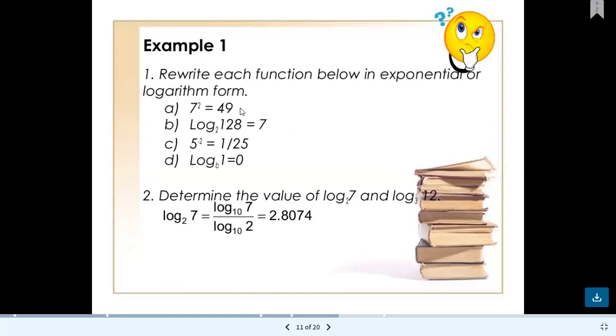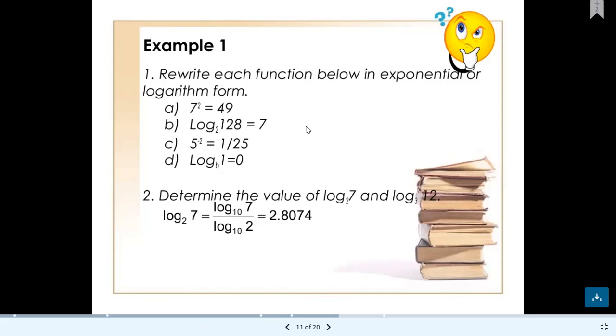Let's use logarithm form. Pag 7 raised to 2 is equal to 49, magiging log base 7 of 49 is equal to 2. Correct? Try nyo din. Pag letter B naman, log base 2 of 128 is equal to 7.